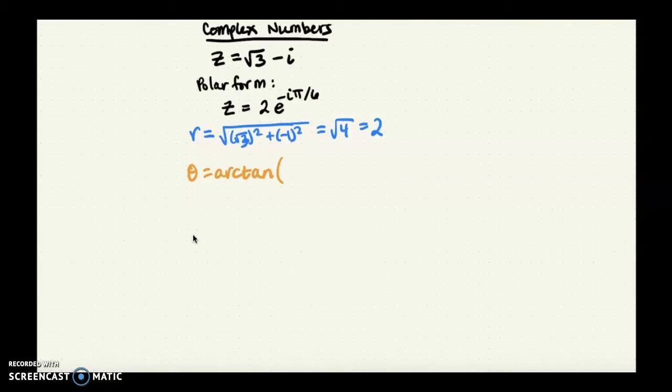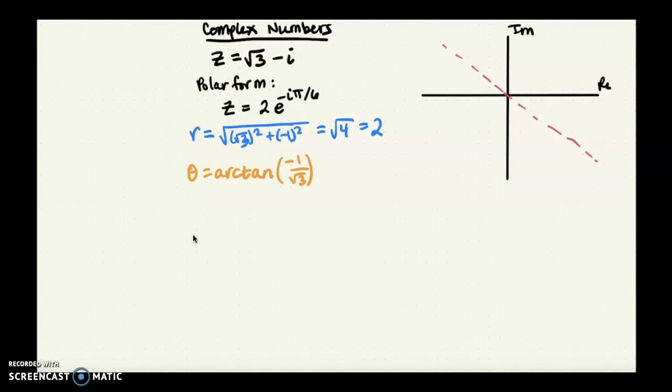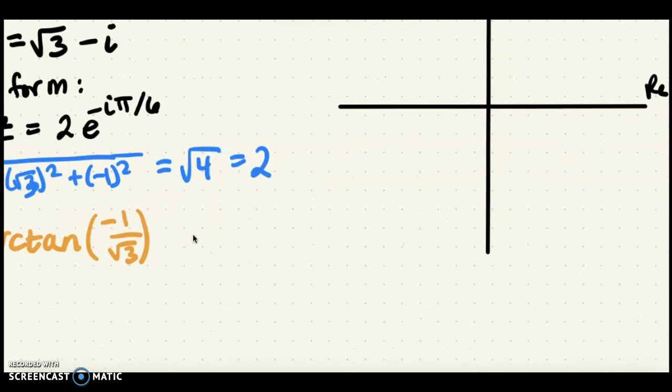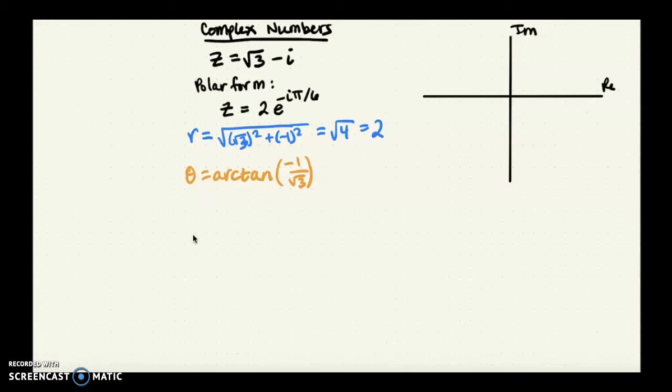The angle that we want to take, so remember that the angle that will produce arctan of negative 1 over root 3 might be along this line, and we just need to make sure that we're in the correct quadrant. So root 3 minus i is in this quadrant, so we want to take the angle that puts us here. And it turns out that angle, let me erase this really quick because it's not super accurate. Okay. So this angle is going to be more like that, and ends up being minus pi over 6.